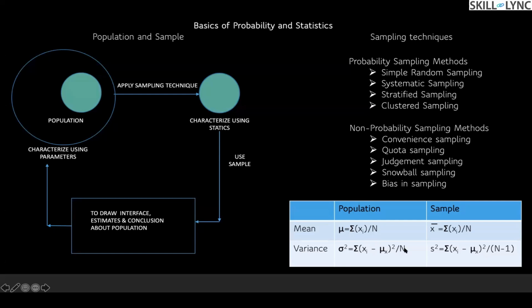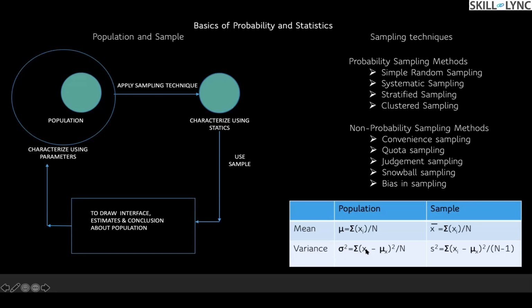The number of observations, in this case 5. What is sigma? From our school days, if you remember, this sigma denotes summation, right? Variance is denoted by sigma square. This is also called sigma, so do not get confused: sigma square is variance and this sigma is summation. So this is how your variance is calculated.